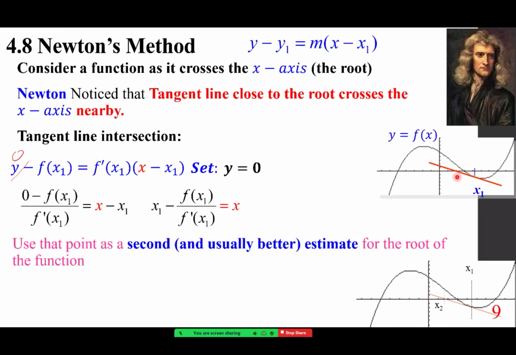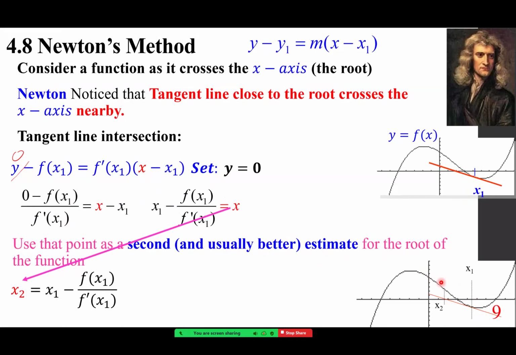And then what happens? Now we're going to use this point and use a tangent line. So now this will give us x sub 2 equals x sub 1 minus f of x sub 1 over f prime of x sub 1. We're going to go through the same process here. So we keep on getting closer and closer through this process.